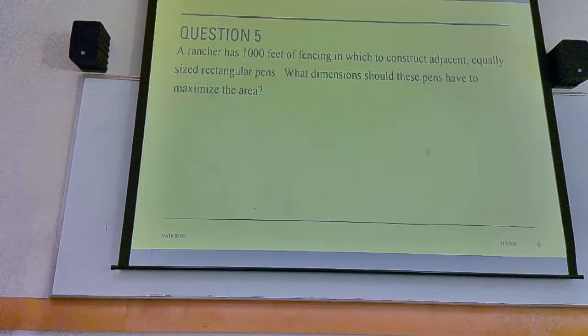A rancher has 1,000 feet of fencing with which to construct two adjacent, equally sized rectangular pens. What dimensions should these pens have to maximize the area?